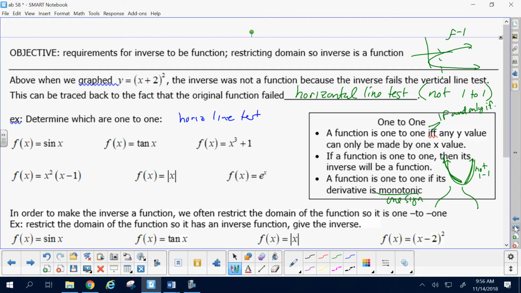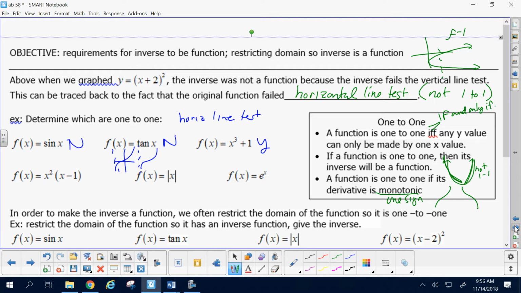So, what did you say for the first one? Yes or no? No. What about tangent? Yeah, I know one curve is, but is there just one curve? No. Okay. What about x cubed plus 1? That is a yes.